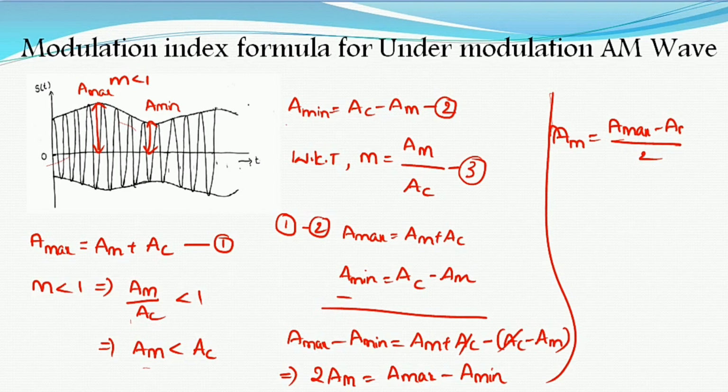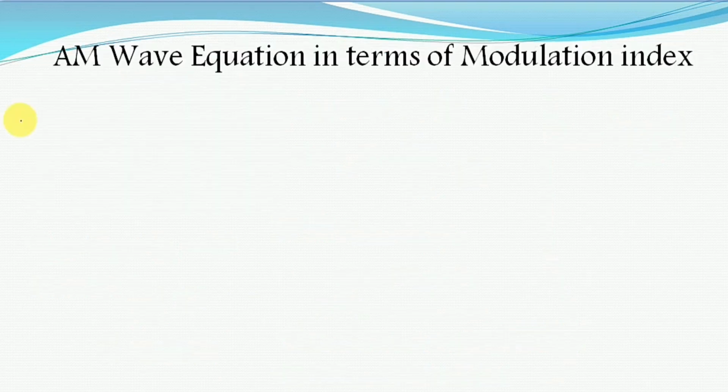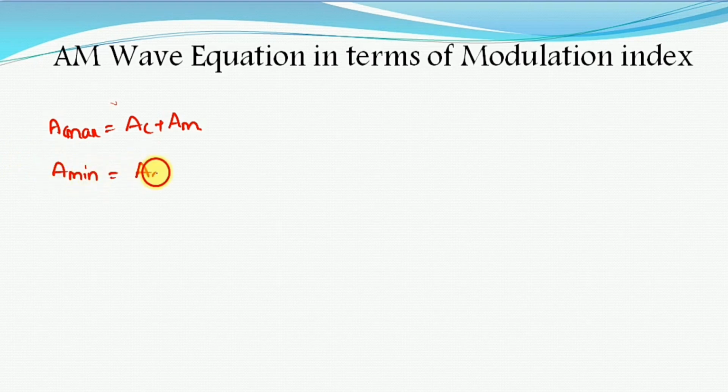In order to find the value of Ac, simply add equations 1 and 2. The first equation is A maximum equal to Ac plus Am, and A minimum is equal to Ac minus Am. Now we add these two equations to get the value of Ac.